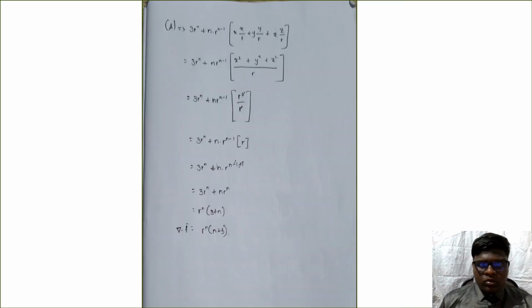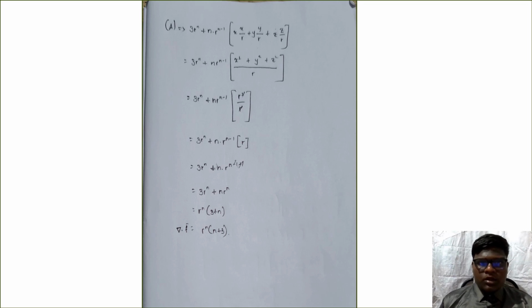Now from equation A, 3r power n plus n into r power n minus 1, we substitute these values. We get x into x by r plus y into y by r plus z into z by r. So we get 3r power n plus n into r power n minus 1 into x square plus y square plus z square by r.